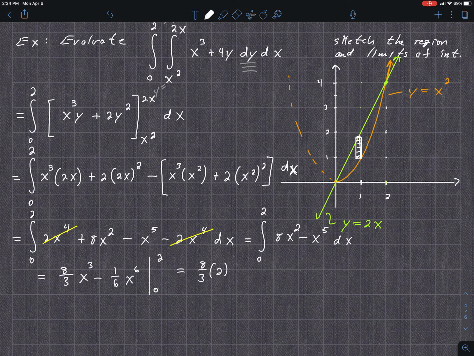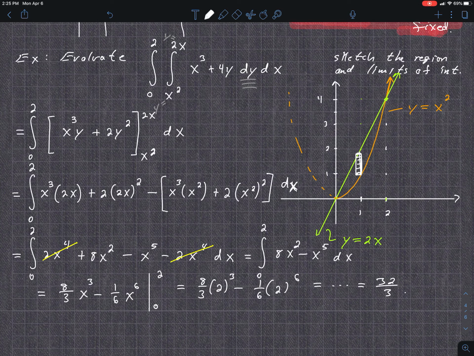So you're just evaluating at the 2, basically. So it's 8/3 2 cubed minus 1/6 2 to the 6th. Then you evaluate that. I'll let you finish the details. You get 32 thirds.